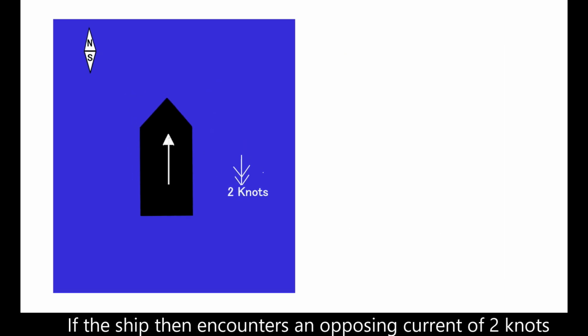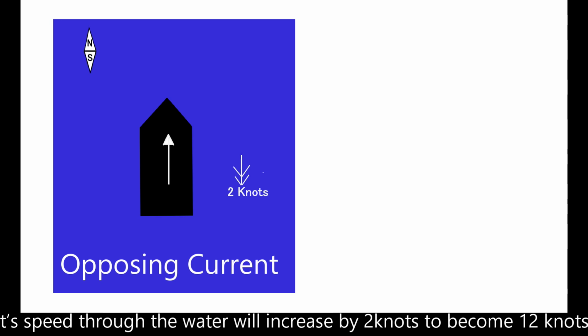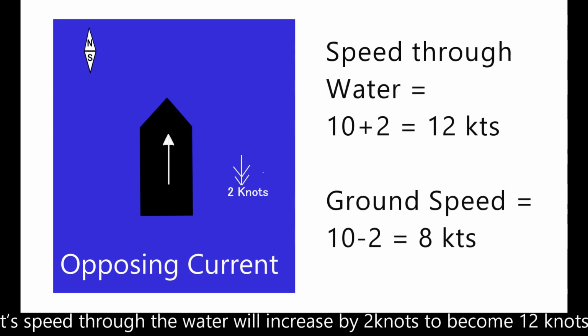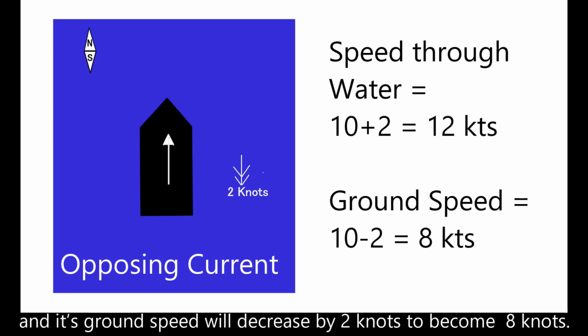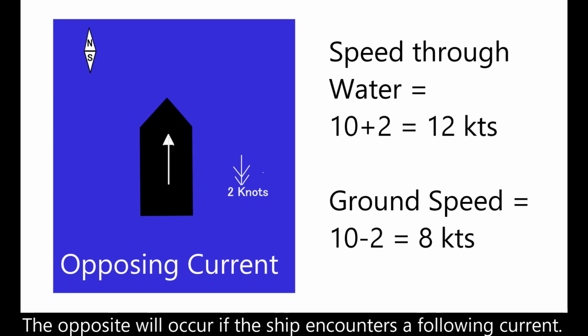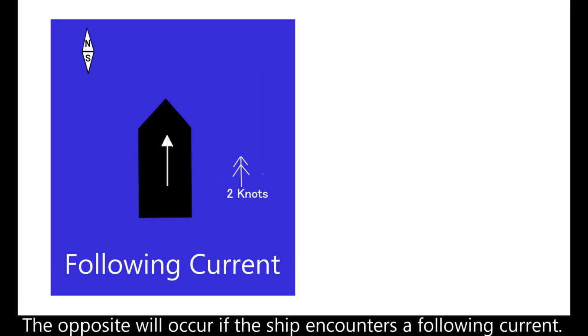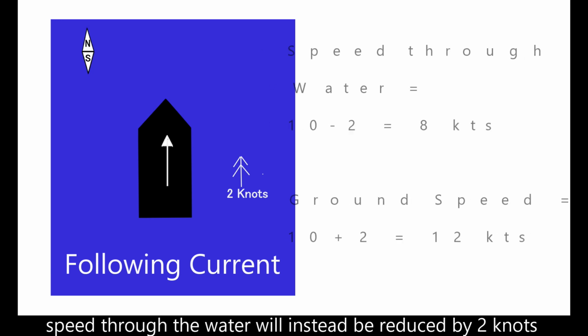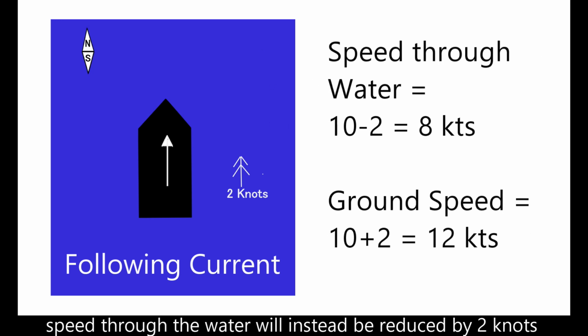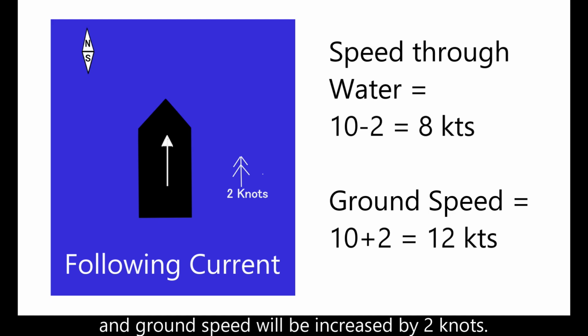If the ship then encounters an opposing current of 2 knots, its speed through the water will increase by 2 knots to become 12 knots, and its ground speed will decrease by 2 knots to become 8 knots. The opposite will occur if the ship encounters a following current. Speed through the water will instead be reduced by 2 knots, and ground speed will be increased by 2 knots.